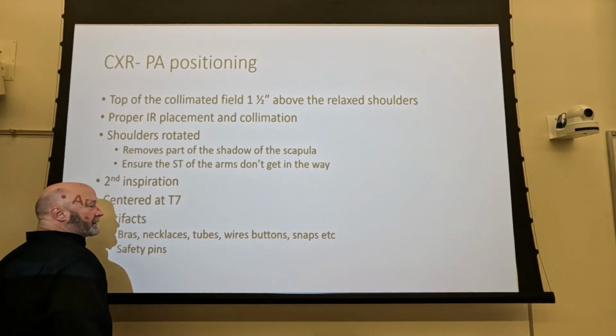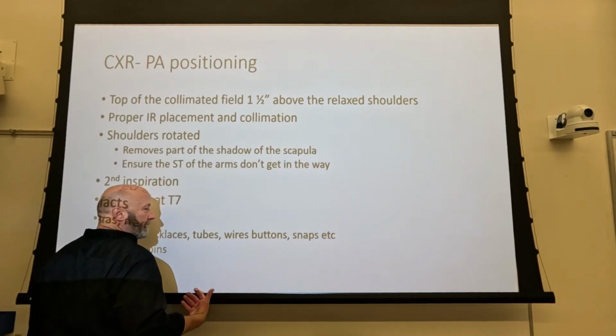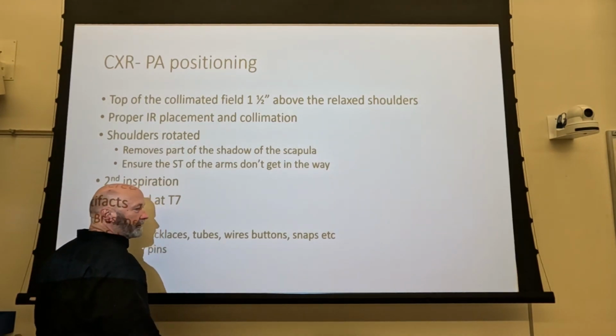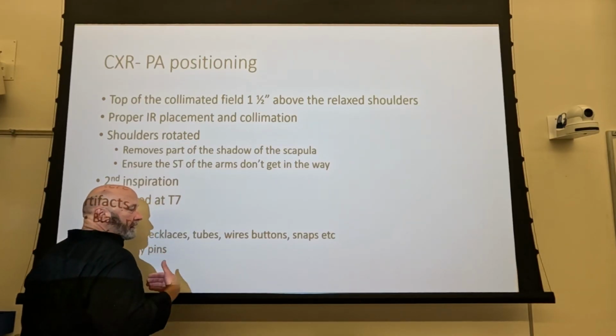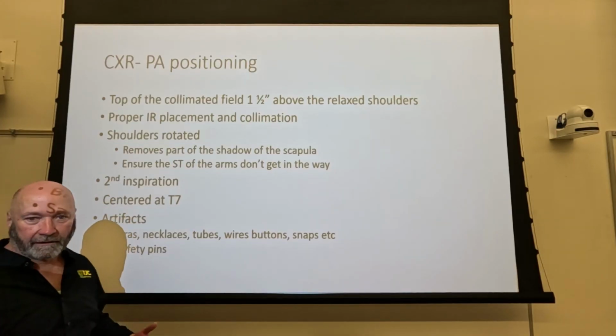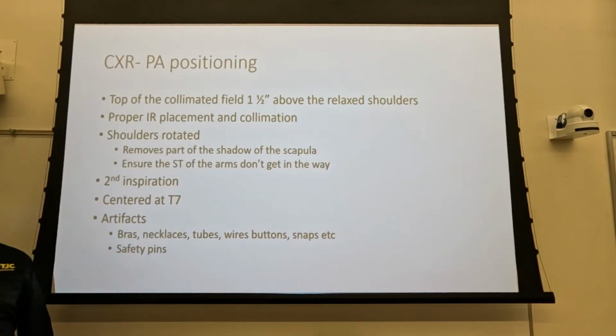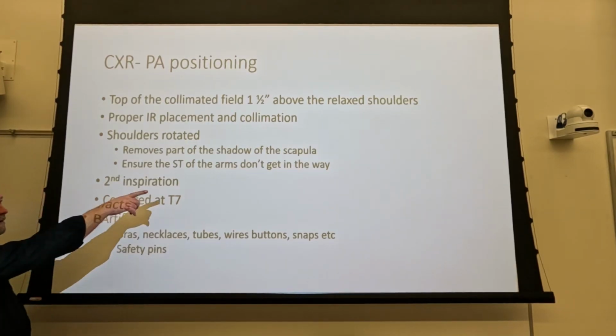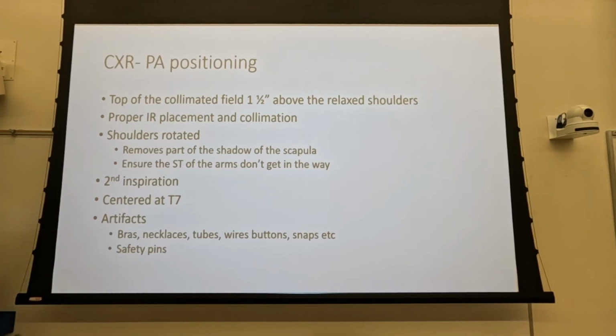So if the patient's just standing there like this and they got extra skin from whenever they were younger and maybe bigger, then it can cover up a portion of the outer portion of the lung and look a little bit like a pneumothorax. Okay, so hands on the hips, rotate the shoulders, removes that, but also rotates the shoulders, the scapula out of the way, at least a little bit.